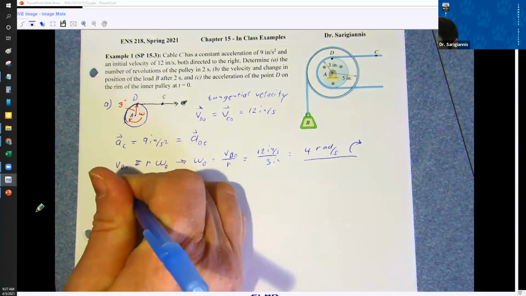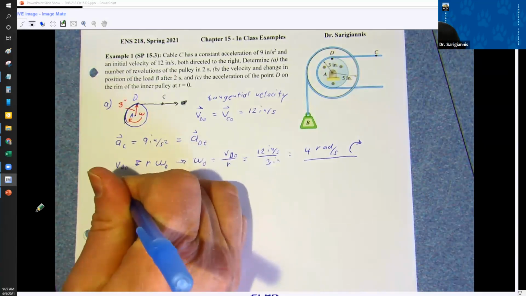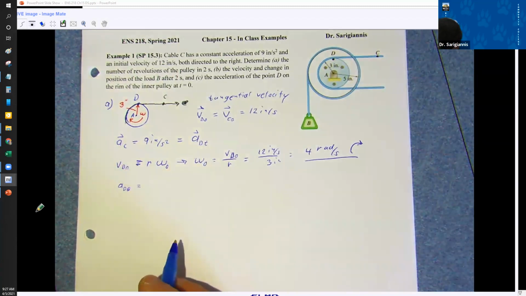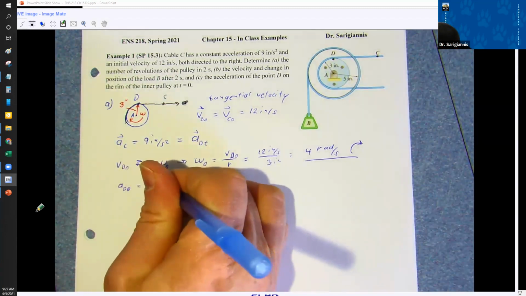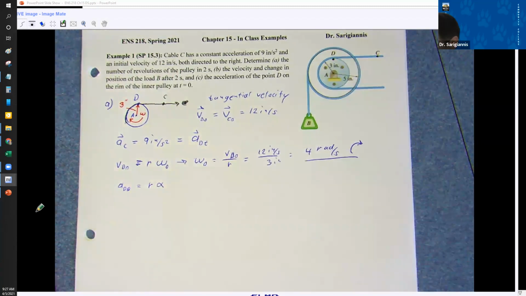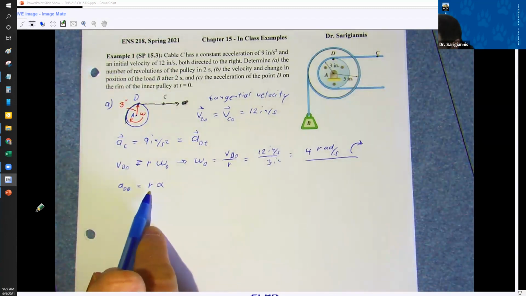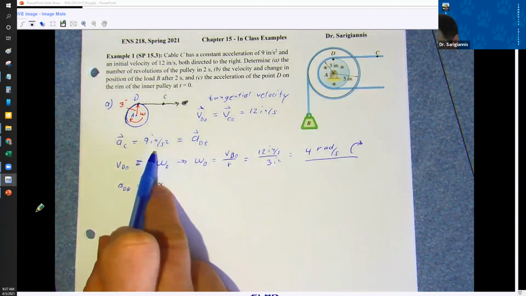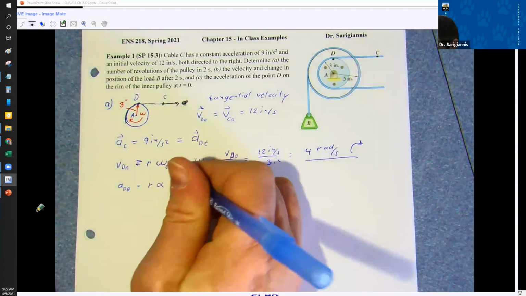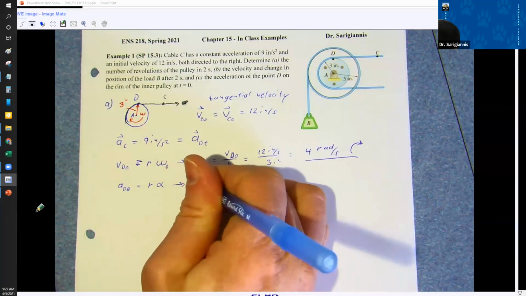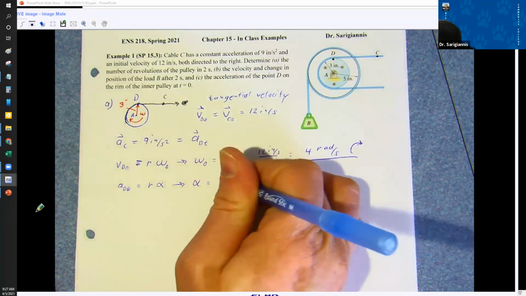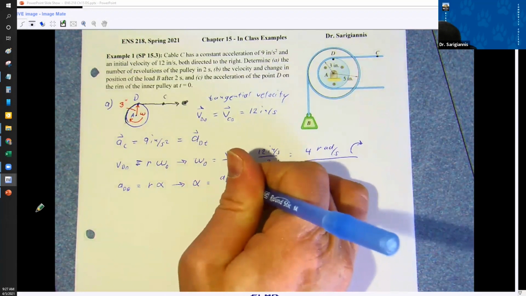Alpha, or acceleration. We know the acceleration of D naught is r alpha, right? We know r, we know the initial acceleration, we got that up here: 9 inches per second squared. We can rearrange this and find alpha. This is a D t.